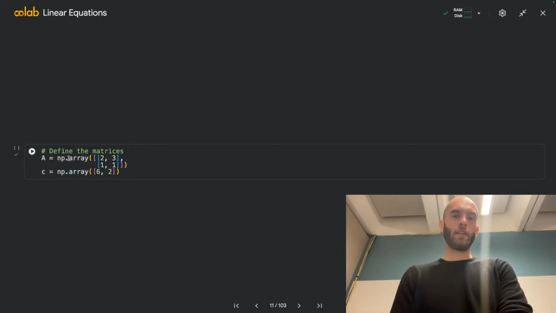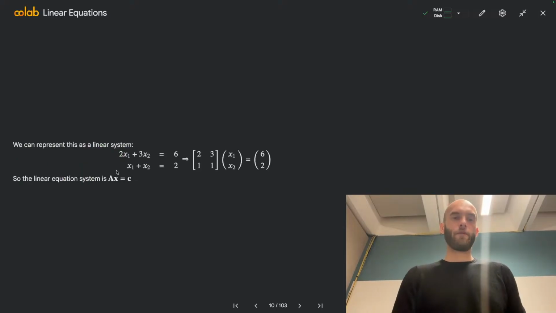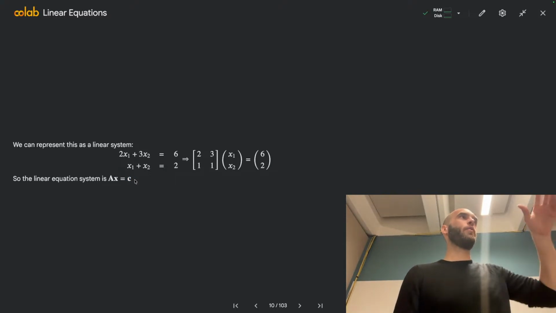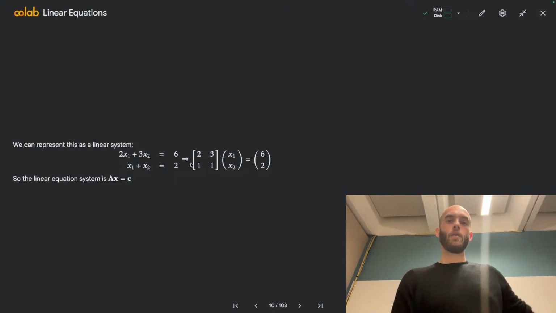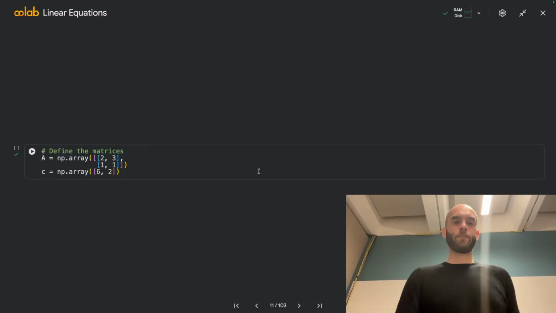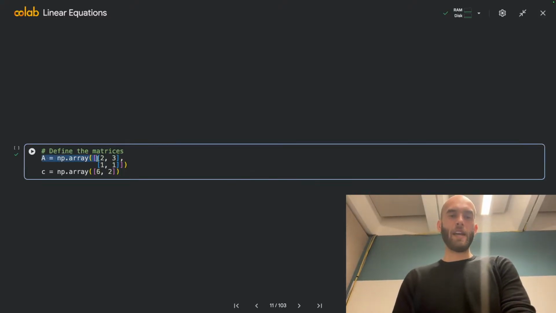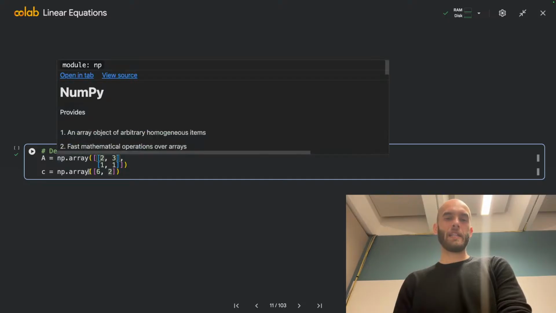So I'm just defining the matrices. We have A, we have x, and we have C. We have two things we know: A, which is our data matrix, and C, which is our outcome. I'm defining A as an array.